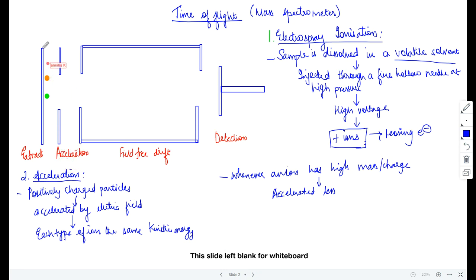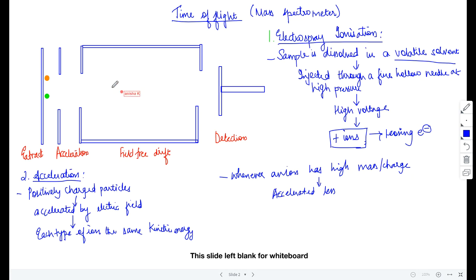This is the electrospray ionization we saw. Next we saw is the acceleration part. Then we are coming to the field free drift. Now these ions leave the electric field and are allowed to drift through it. That means they're allowed to move here freely, any position.